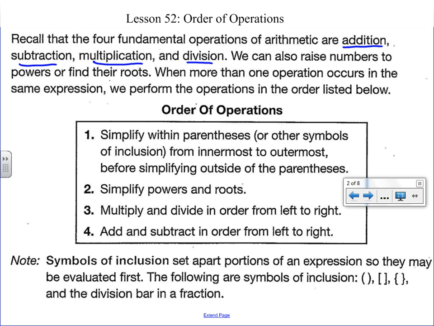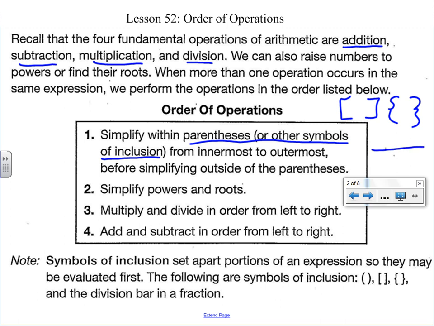So the order of operations is: first, we simplify within parentheses or other symbols of inclusion. Okay? Other symbols of inclusion can be brackets or braces, which are basically just different types of parentheses, so you don't get confused about which set of parentheses you're looking at.